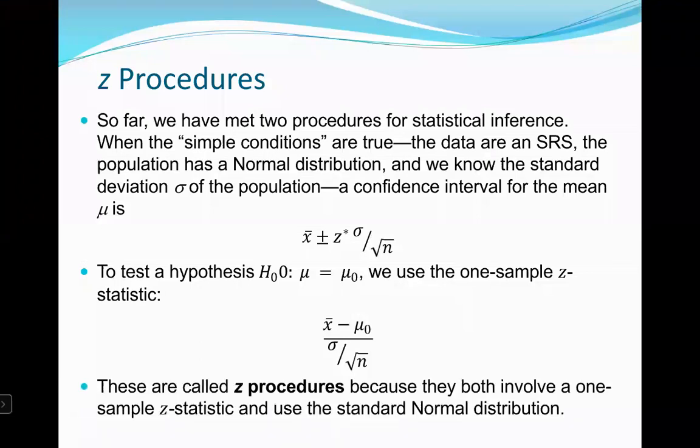These are called Z procedures because they both involve a one sample Z statistic and use the standard normal distribution.